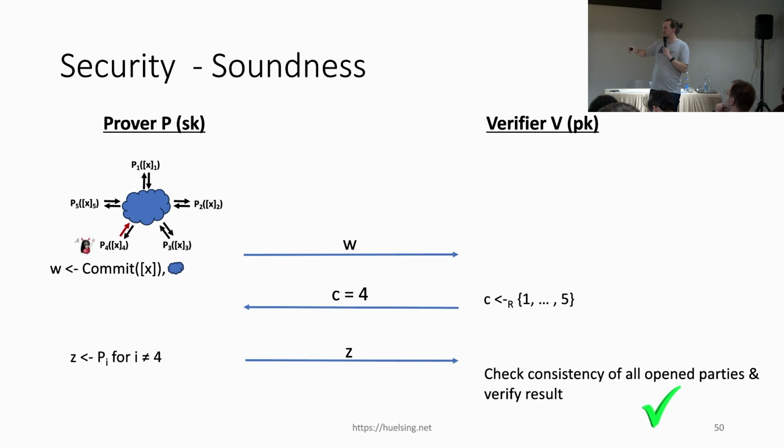Because in this case, the verifier only sees the communications of this party, but cannot check if they actually correspond to the internal state of the party. So everything looks fine. But if the challenge is any other value, which means that I have to open this one party, then it's over for the attacker. In this case, I will get caught.